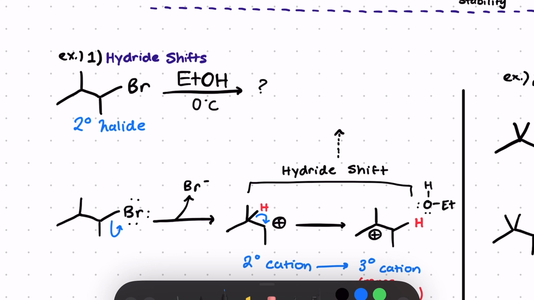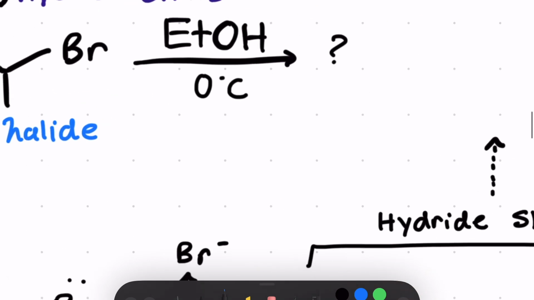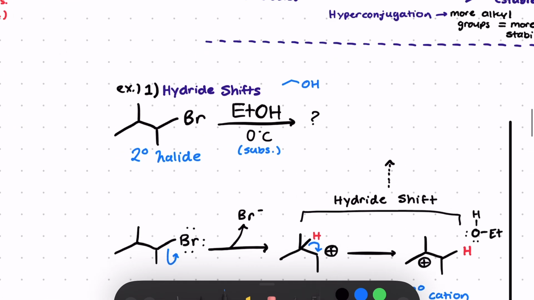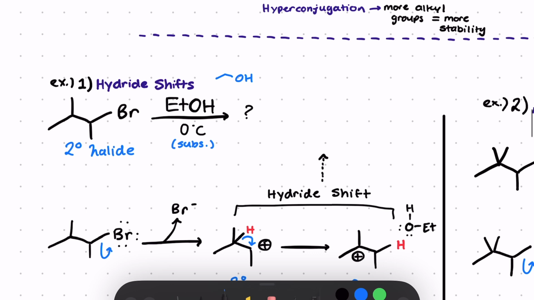Now I am reacting this alkyl halide with ethanol, EtOH, it looks like this. And I'm reacting it at 0 degrees Celsius. 0 degrees Celsius usually means substitution. Usually colder temperatures mean substitution.